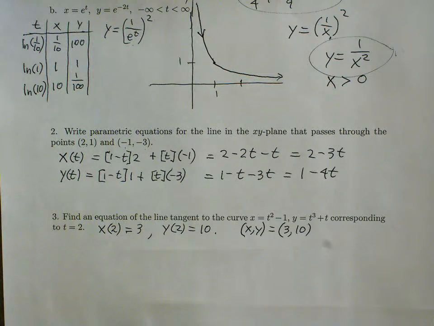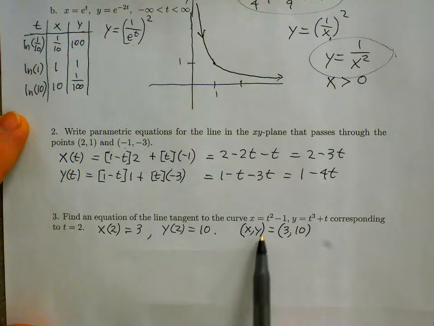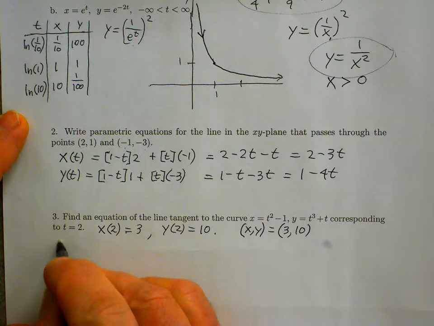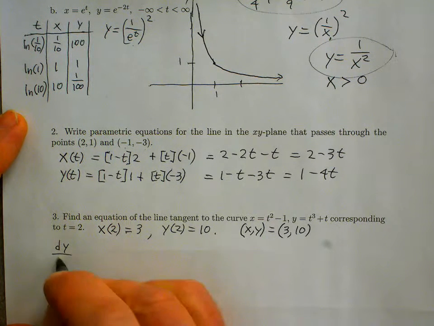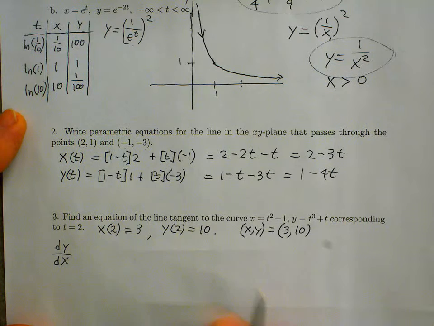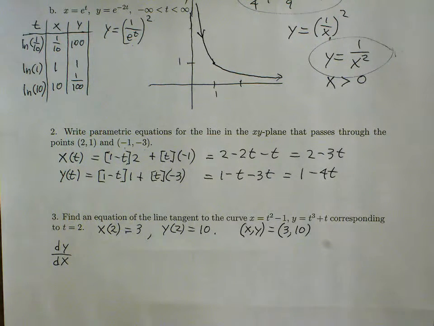Okay, now we want to find the slope of that line. So we need the derivative. We need to find the derivative of y with respect to x, and then find the slope of the line.